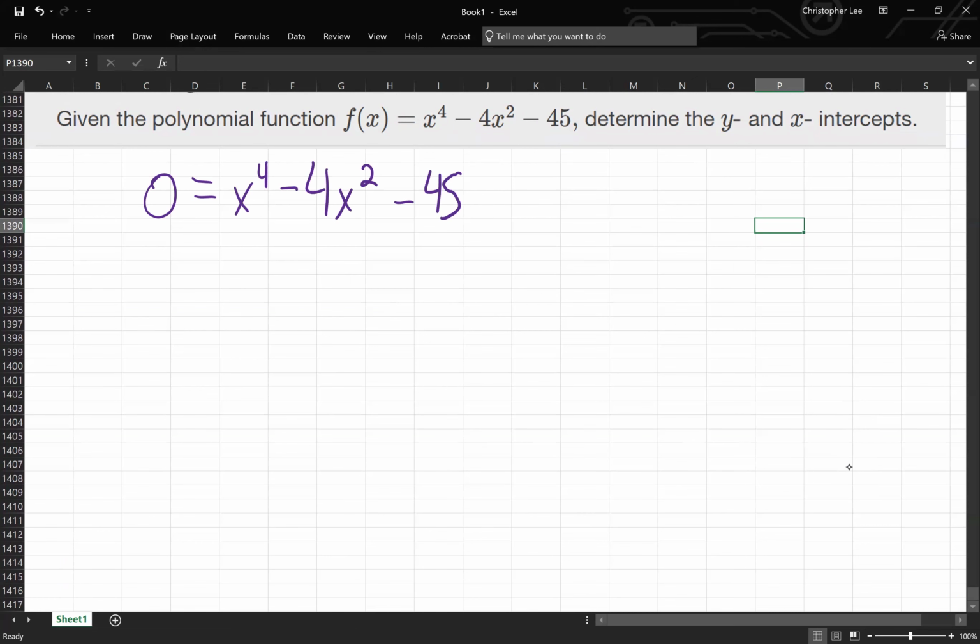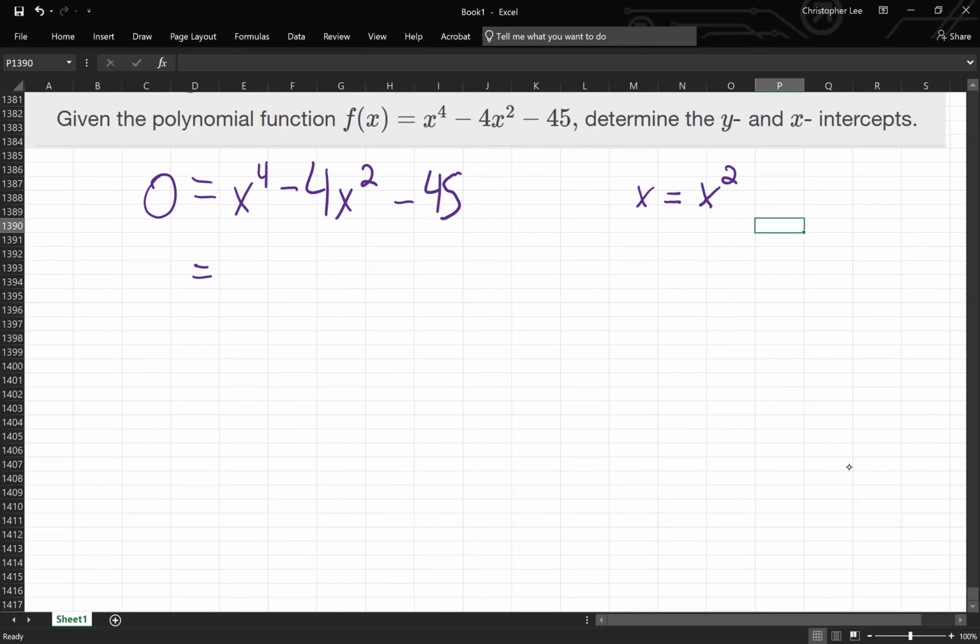All right. So let's factor this. How do we factor this? Okay, so we actually skipped this in 28. But what you do is set x equal to, let's say, x squared.